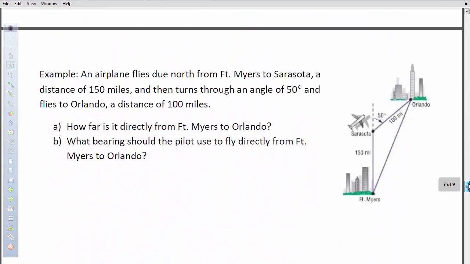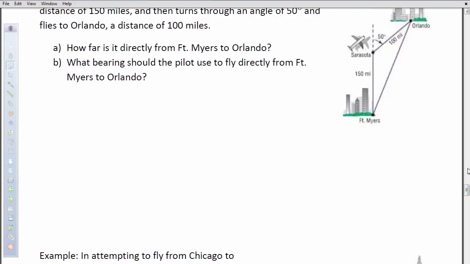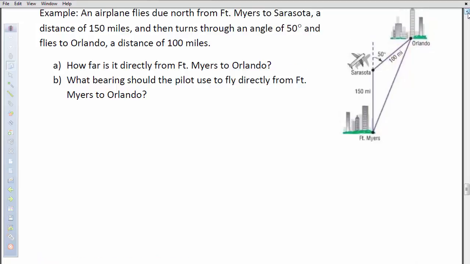All right. An airplane flies due north from Fort Myers to Sarasota, a distance of 150 miles. Okay, we got a nice picture here. And then turns through an angle of 150 degrees. Okay, notice the turn. And flies to Orlando, a distance of 100 miles.